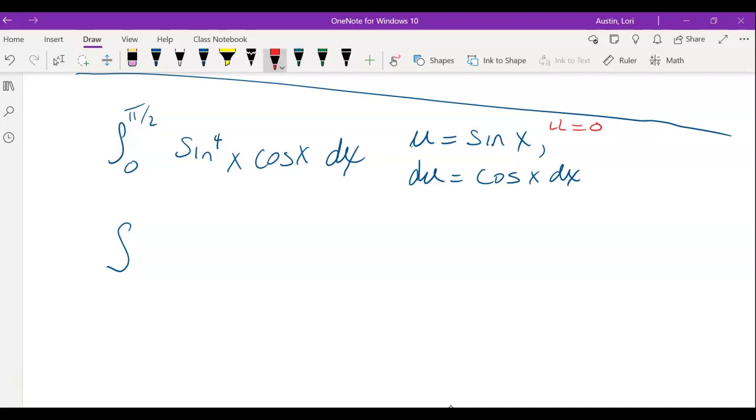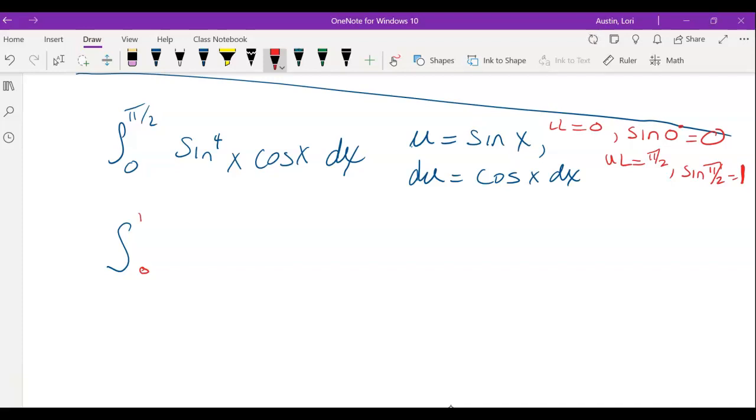What is sine of 0? Everybody knows sine of 0 is 0, right? Good. My upper limit is pi over 2. We use that inner function to change our boundary. Sine of pi over 2 is 1. So now my boundary goes from 0 to 1.